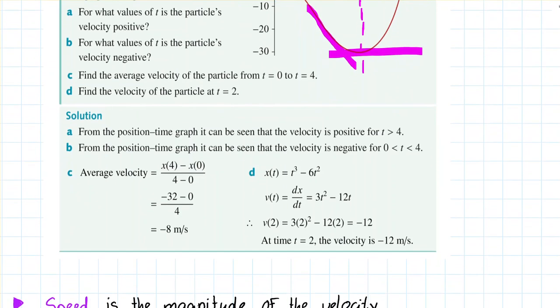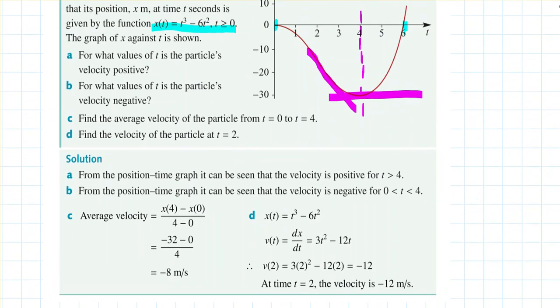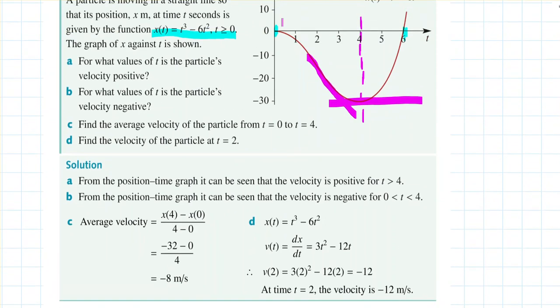Question C: what is the average velocity of the particle from 0 to 4? Okay, so we're dealing with this here, 0 to 4. And the average velocity we said to be the difference of x, so the difference in position, over the difference of time. So here we go. We start with the position at 4.